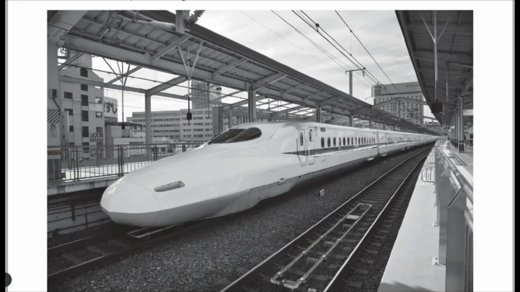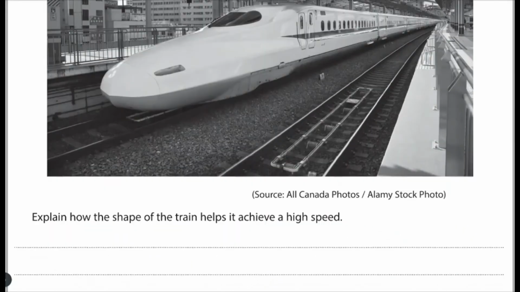We have discussed fish and birds. These animals naturally have that shape. That's a streamlined shape that is there to reduce the air resistance. So we will note down that.